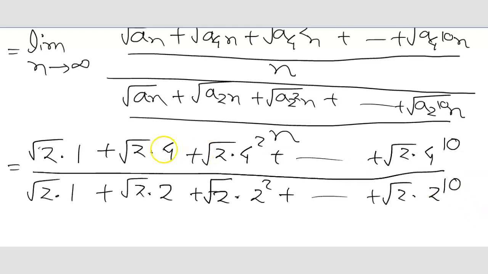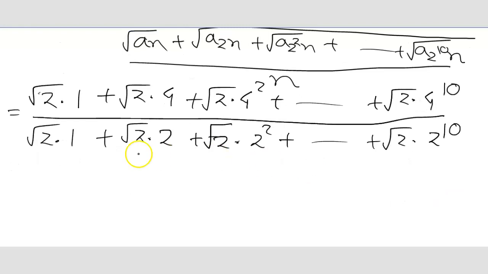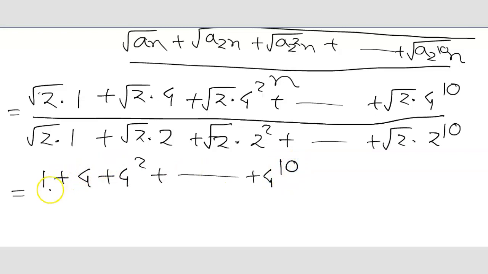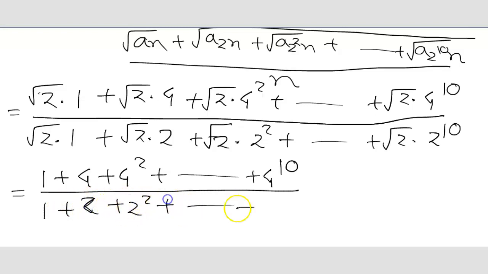Now see, the root 2 is common everywhere, right? So root 2 generally easily cancels out. So if root 2 cancels out, we are left with this thing, and it is nothing but a finite GP series, and we are quite adaptable with some of these things, right?